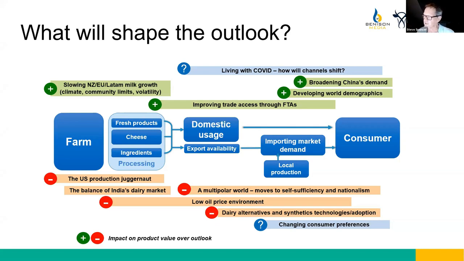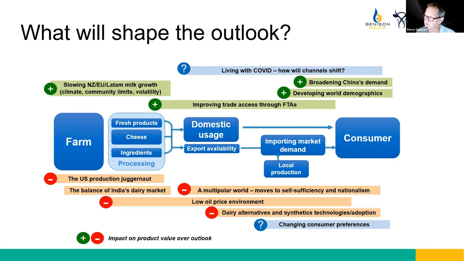But that, as we see, will depend on China's internal demand and what it's driven by. That is largely a fresh dairy market, but it has a key role for ingredients. The competitiveness of imported ingredients is a key issue.